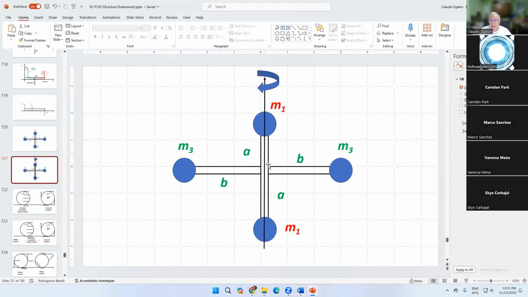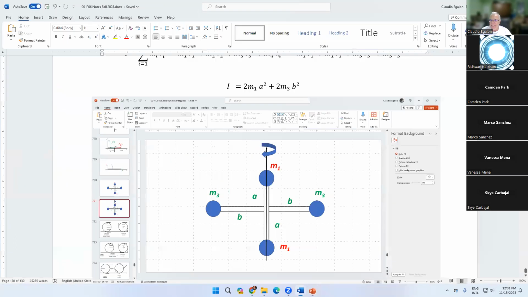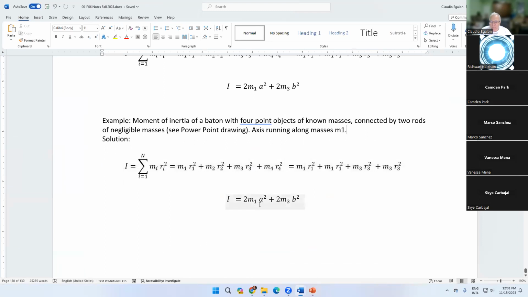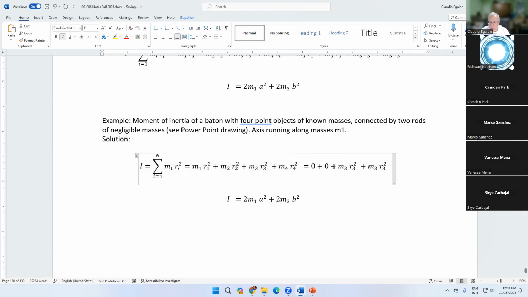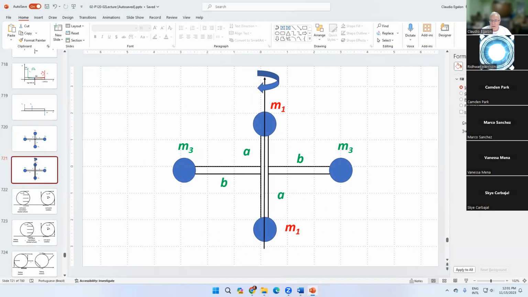In this situation, the distances of these masses from the axis of rotation are going to be 0, because they lie exactly on the axis. So those two terms are 0.